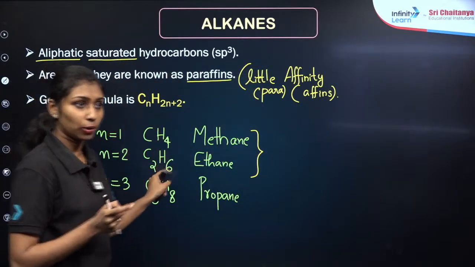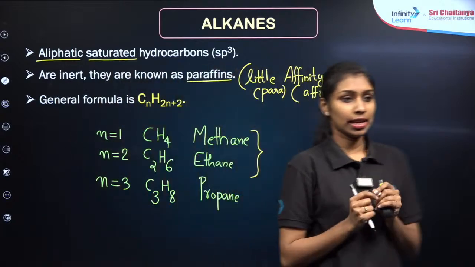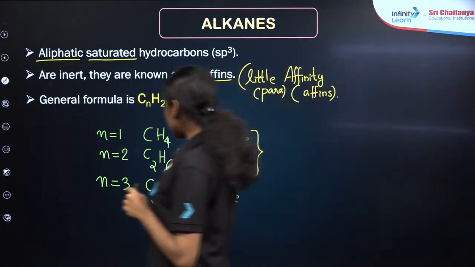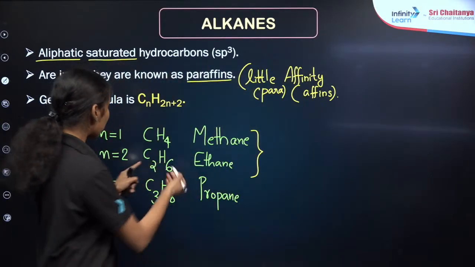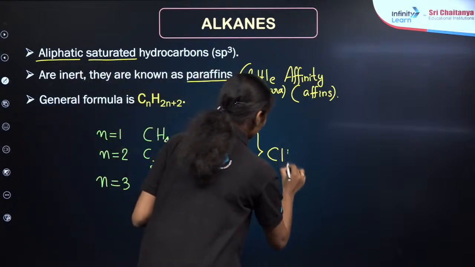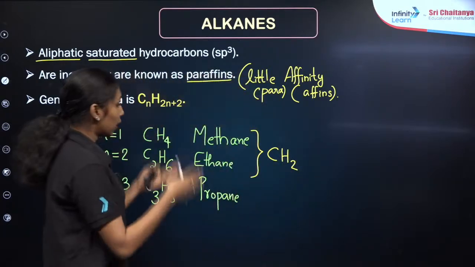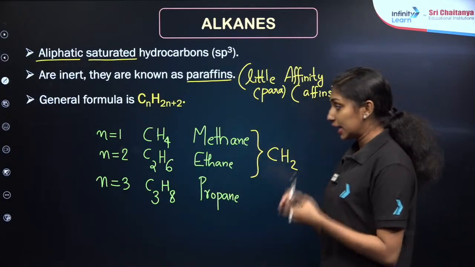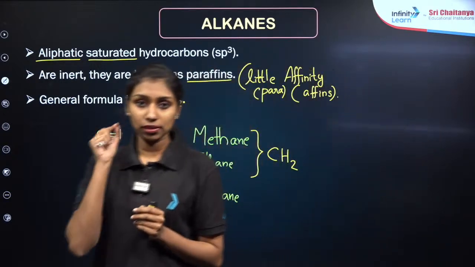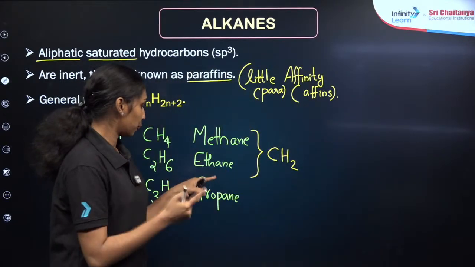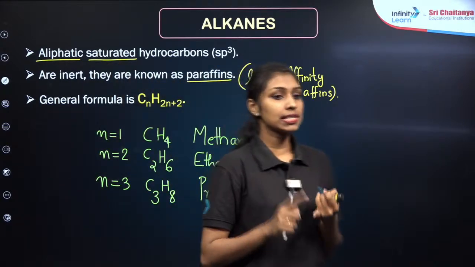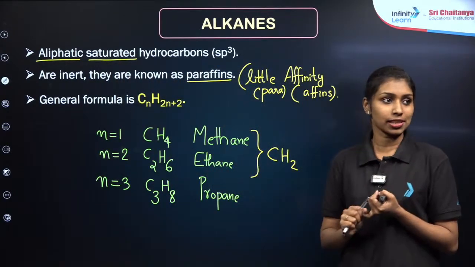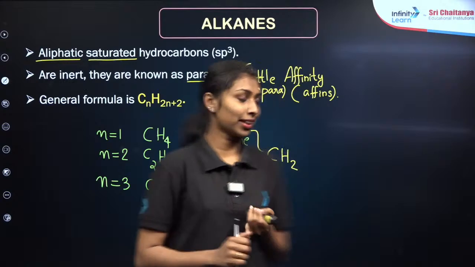I will get ethane molecule, right? Yes, CH2 difference. Similarly, if I take ethane and again add CH2, it will form propane. Which means in this series of alkanes, each of the compounds has a CH2 difference. So this particular series is known as homologous series. Clear?